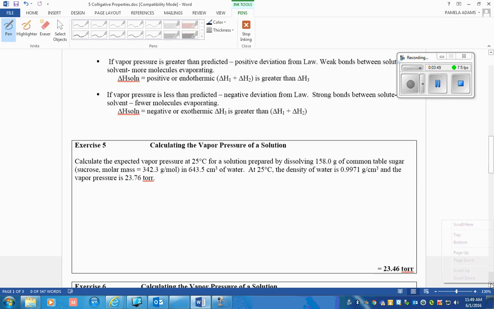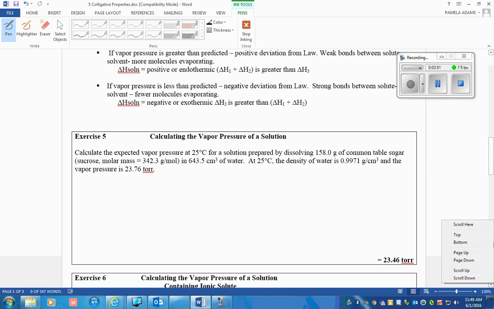All right, let's calculate the vapor pressure of a solution fairly quickly. It says calculate the expected vapor pressure at 25 degrees C for a solution prepared by dissolving 158 grams of table sugar into 643 cubic centimeters of water.